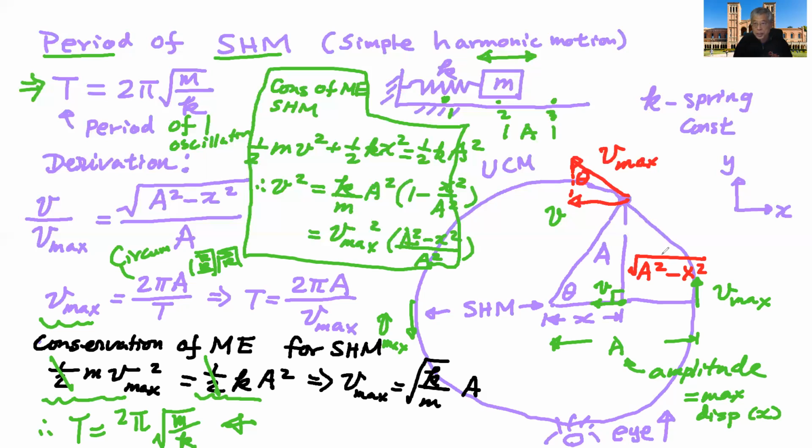So the T in the UCM when you go around once is T, okay? But then when you have this oscillation from here to here, right? So 1 to 2, and then to 3, back to 2, back to 1, that's also T. So the T for SHM here is the same as the T for the UCM here.